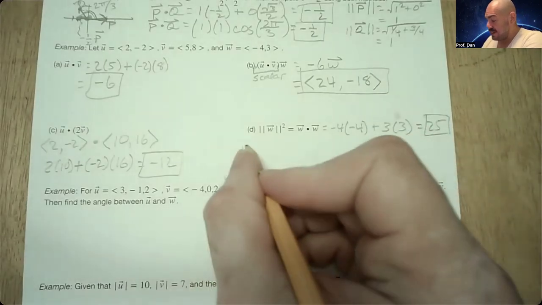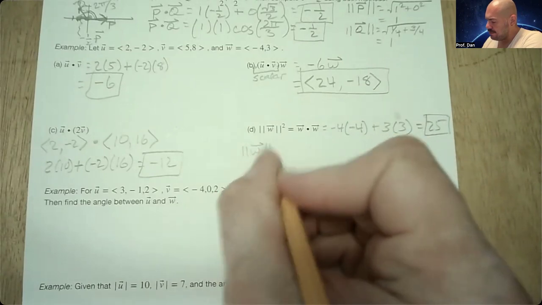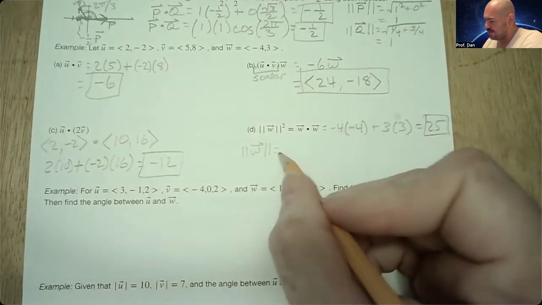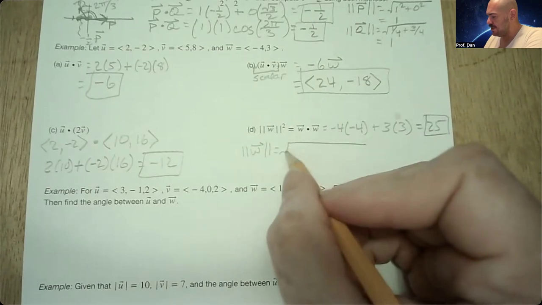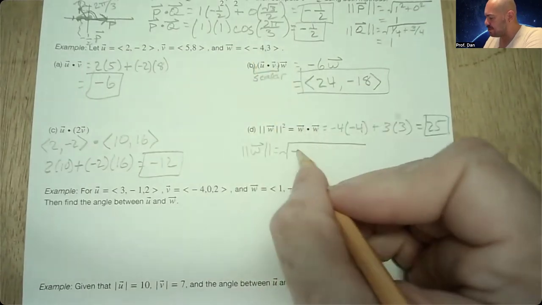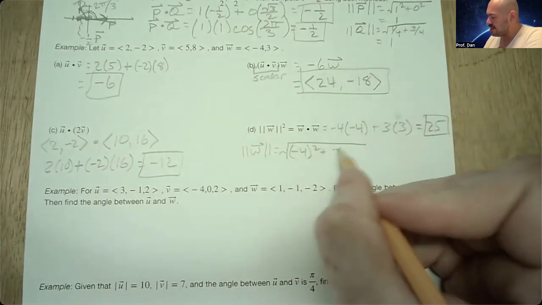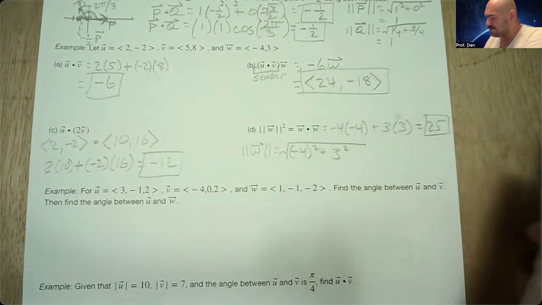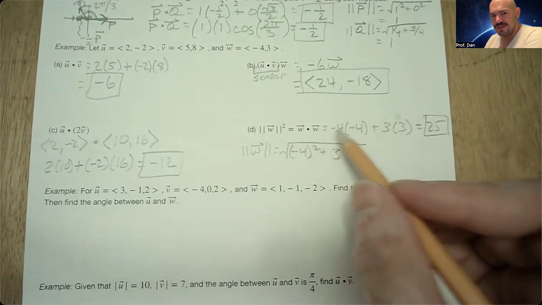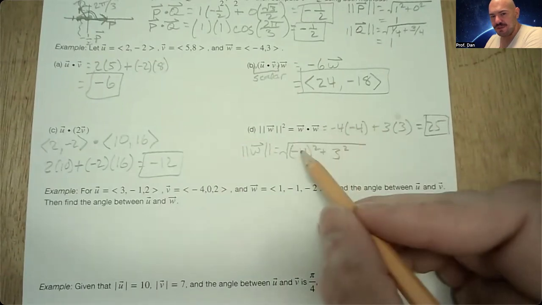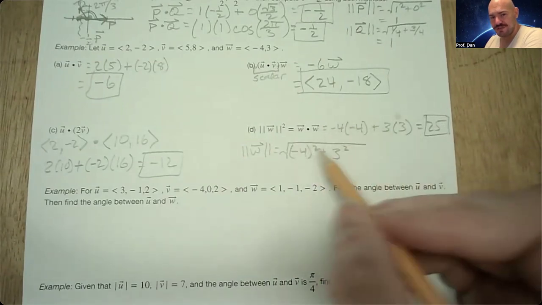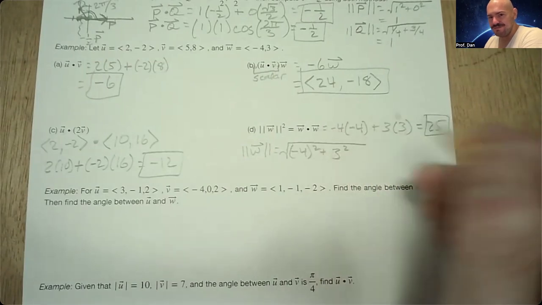When I go to find the magnitude of w, remember that's the square root of first component squared plus second component squared. Notice a pattern there. It's component squared plus component squared.